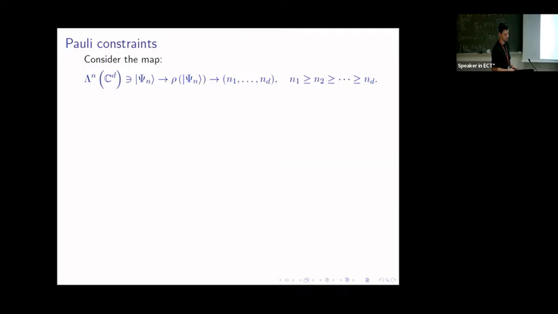Okay, and now in this language we can talk about Pauli constraints. So a bit more formally, we can look at it as taking some n fermion state, computing its one RDM, and then computing the natural occupation numbers from this one RDM, and we are asking what is the image of this map, right?